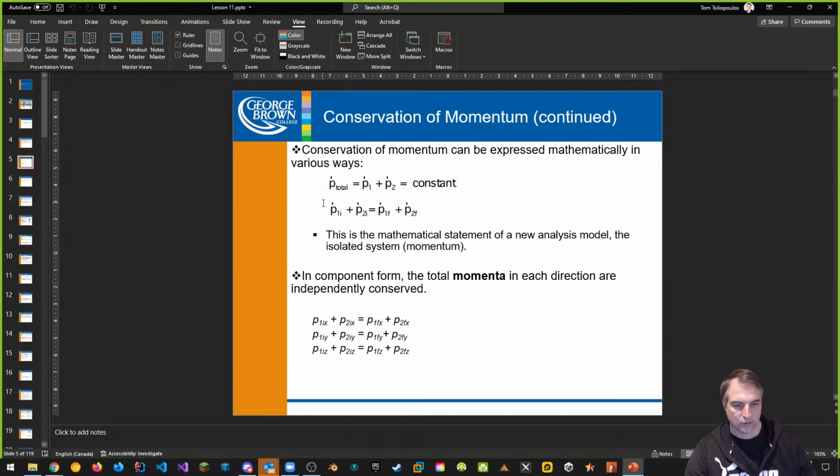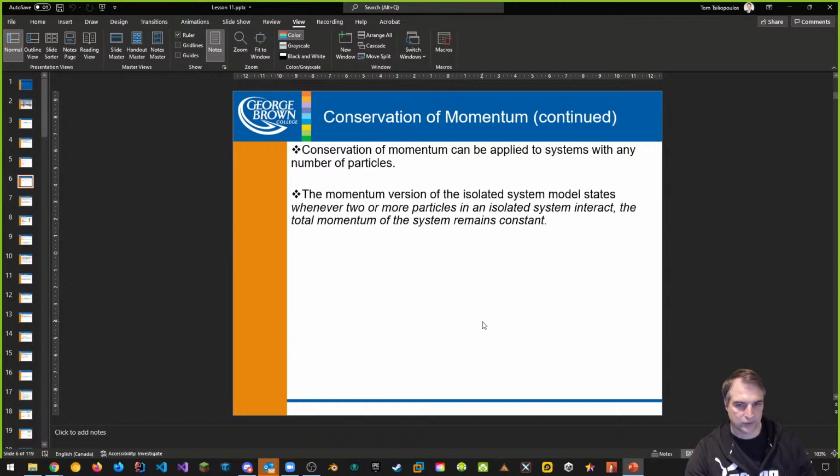It's a balance, right? So it shows that we can't change the momentum. Whatever it was is what it's going to be at the end. We're just moving energies around more than anything else. This idea is what allows us to start thinking about this. And whenever 2 or more particles in an isolated system interact, the total momentum of the system remains constant.